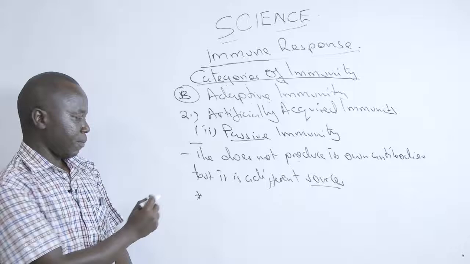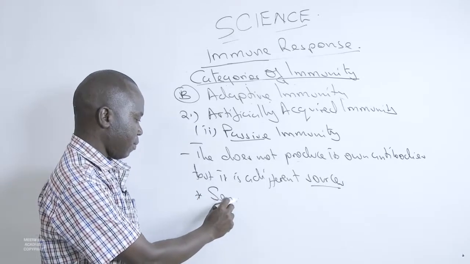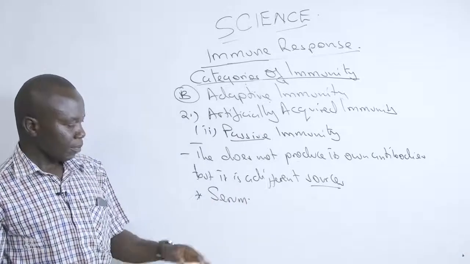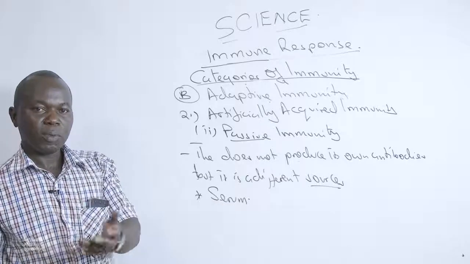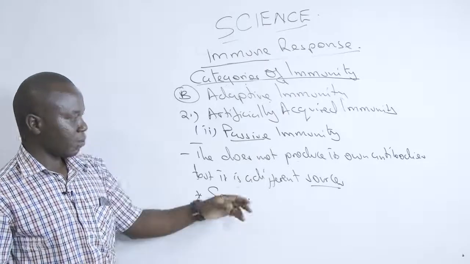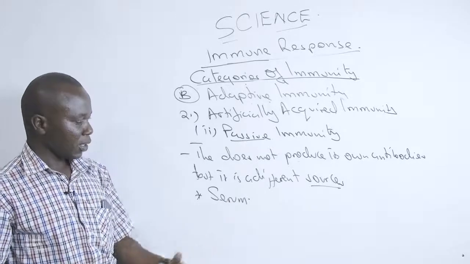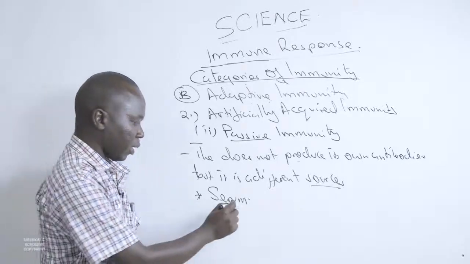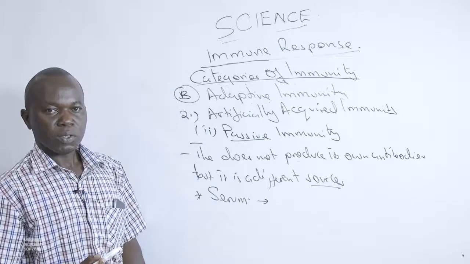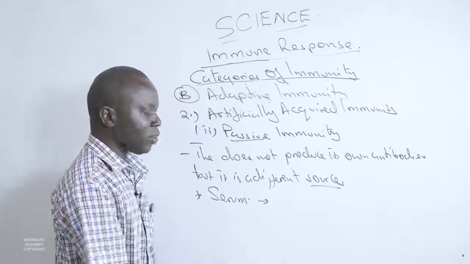For instance, serum. Remember, serum is blood without blood proteins, but rich in antibodies. So you can develop serum this way. Let us continually use malaria.